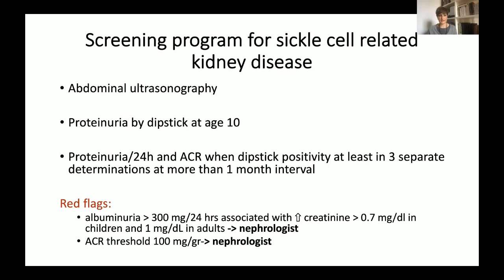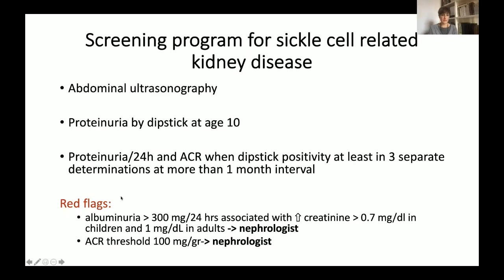If the dipstick is positive, on at least two separate clinical evaluations, determine the 24-hour proteinuria and the albumin creatinine ratio, which is a very flexible and interesting parameter, and should be carried out especially in adult patients with sickle cell disease, taking into account that the age of 20 is generally the turning point for the appearance of kidney disease in patients with sickle cell disease.